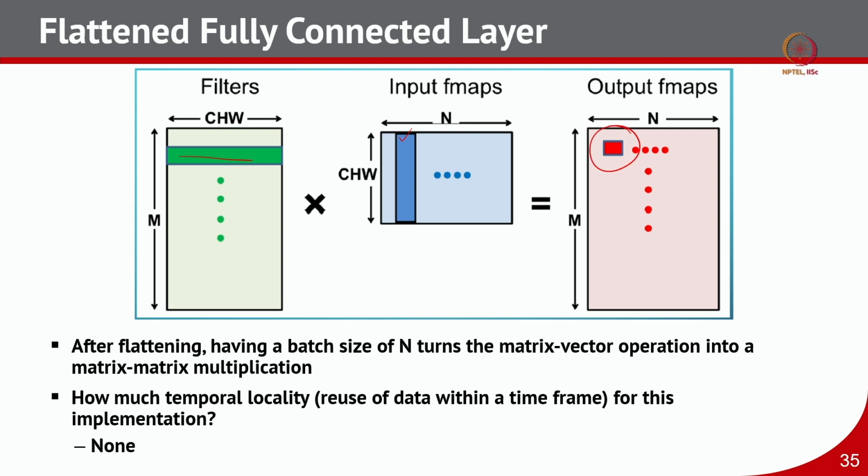Now one important aspect is how much temporal locality there is. Temporal locality is nothing but reuse of data within a time frame. For this implementation, there is none. We are not reusing anything. We are just taking a bunch of values, one row vector getting multiplied by one column vector to obtain one pixel.